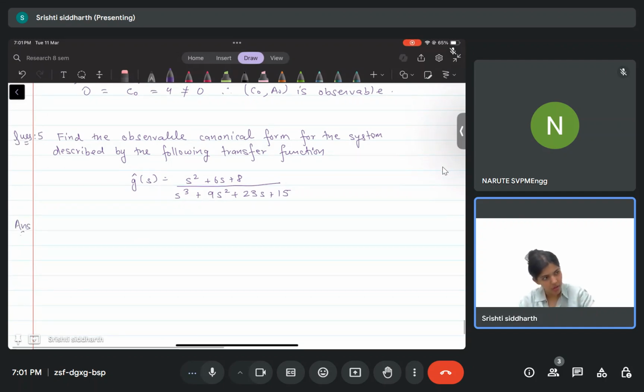So we have G hat of s. You can observe that this is a strictly proper transfer function.